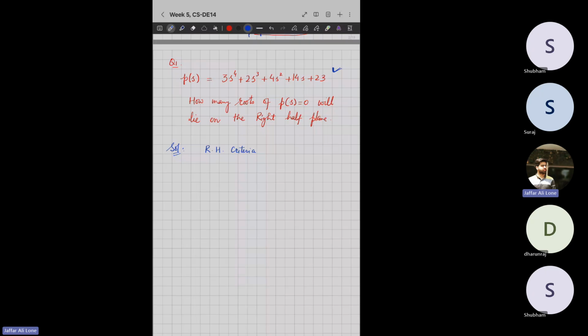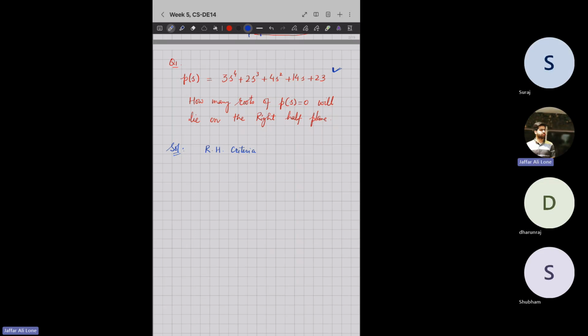I can easily decide stability based on RH criteria because for stability I do not need the pole exactly. I just need the location of the pole. If a pole is in the LHP, my system is stable. Otherwise, it's unstable if it is on the RHP, or repeated on the imaginary axis. So we will understand this RH criteria based on this example.